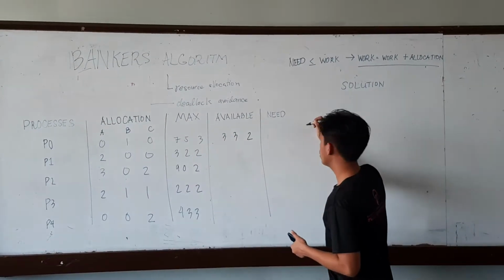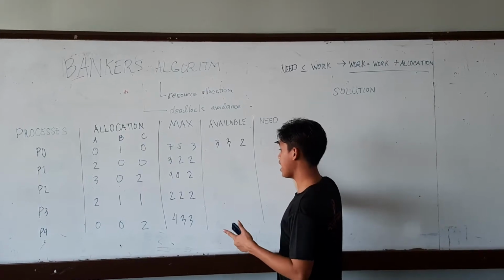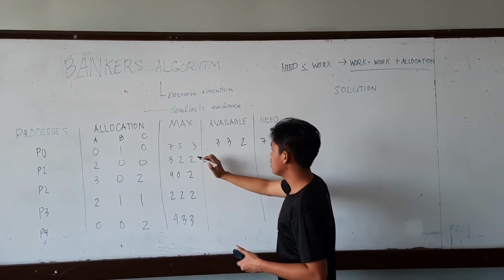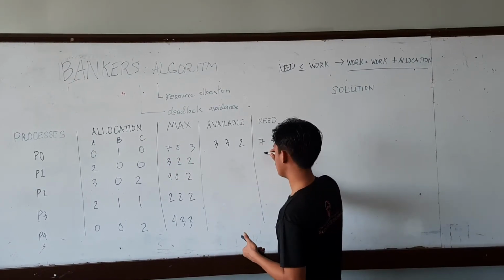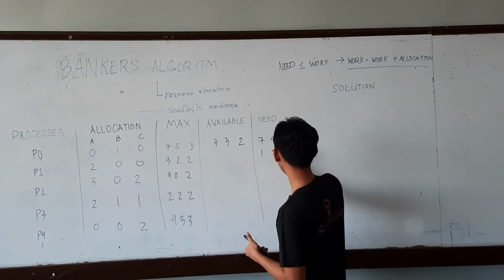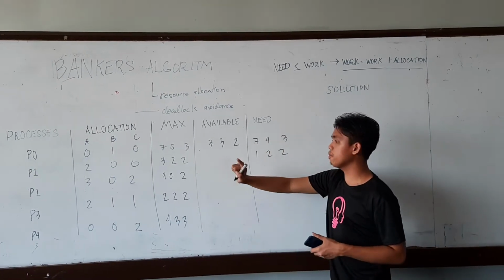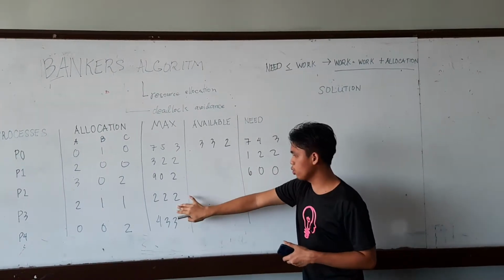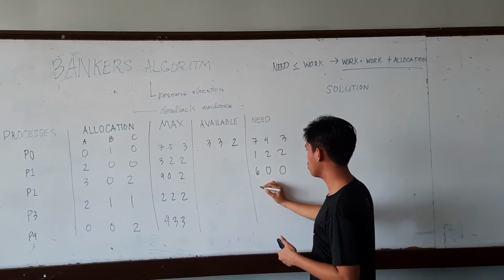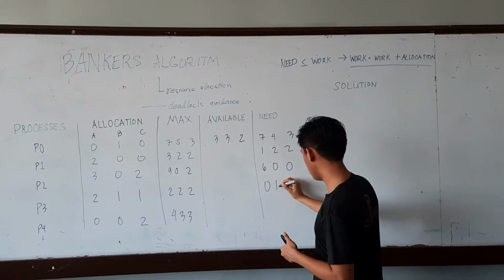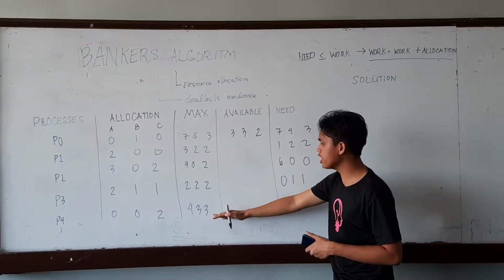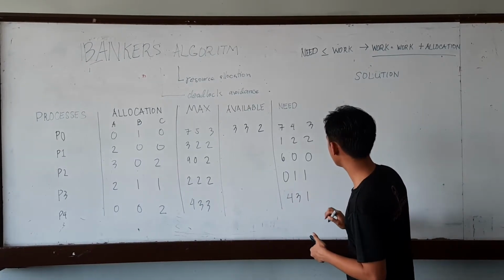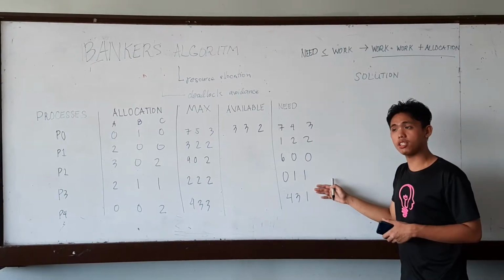So 753 minus 010 will be 743. 322 minus 200 will turn out to be 122. 902 minus 302 will turn out to be 600. 222 minus 211 will equal 011. And 433 minus 002 will turn out to be 431. So here are the following answers for the need.